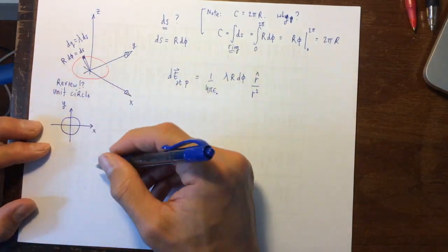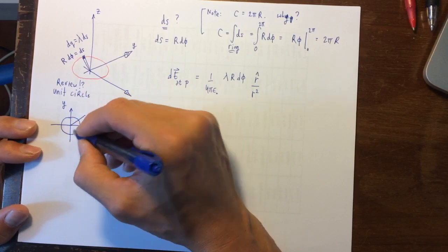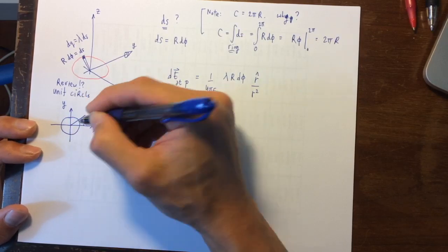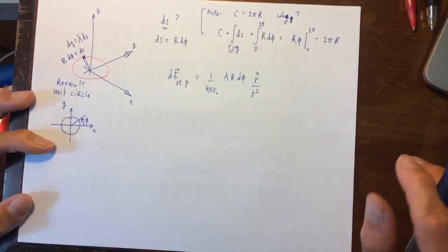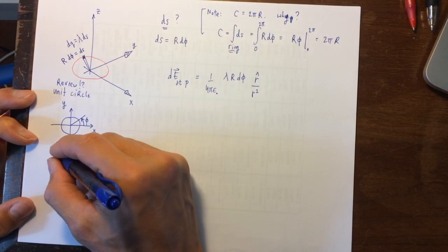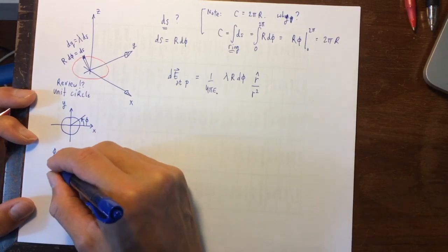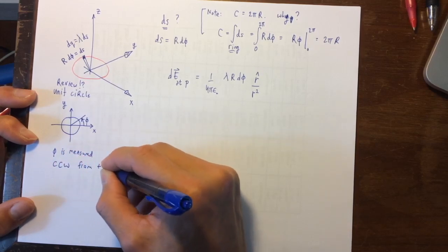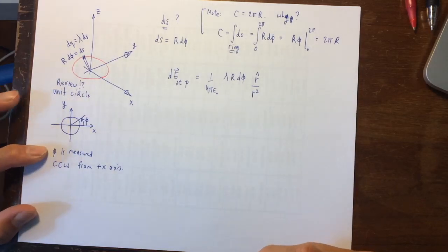The way you use this is you imagine going around the circle using angles. I'm going to call this angle phi. Sometimes it's called theta, but in this picture I'm going to call it phi. The way phi is measured is counterclockwise from the positive x-axis. That's the instruction on how to describe phi.